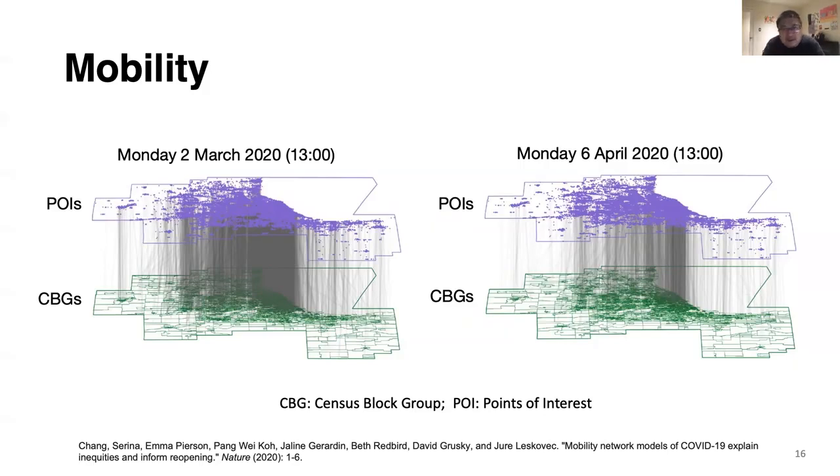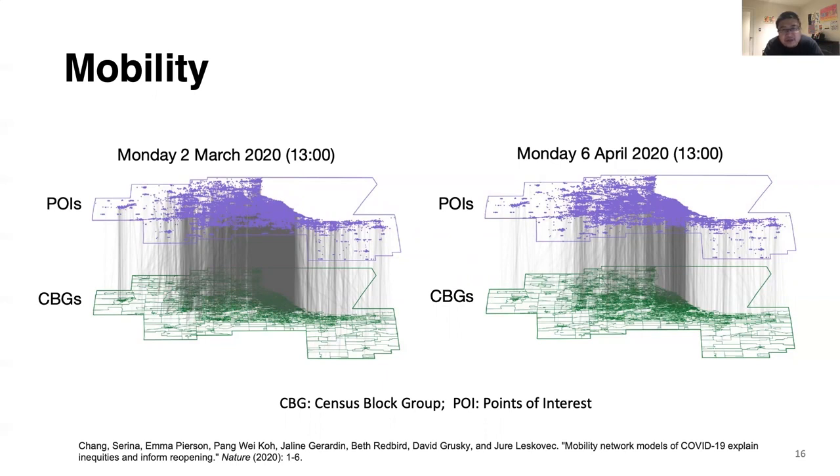The authors leveraged the mobility network, which captures hourly visits from each census block group to each point of interest. In these two figures, there is an example of 2 days, in March and April in Chicago.